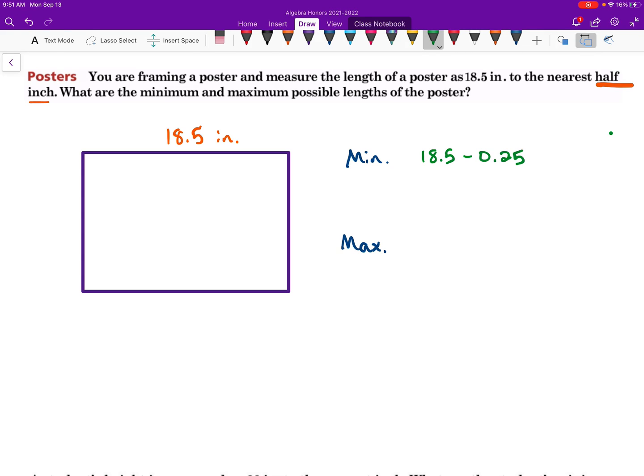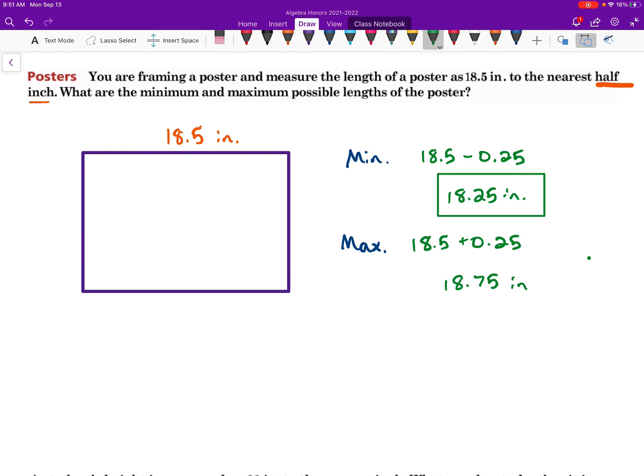So since we have half of an inch, that means we could go a quarter of an inch below that measurement, or to find the maximum, we can go a quarter of an inch above that measurement. Okay, so the minimum value that we could have is 18.25 inches. And then the maximum value we could have there is 18.75 inches.